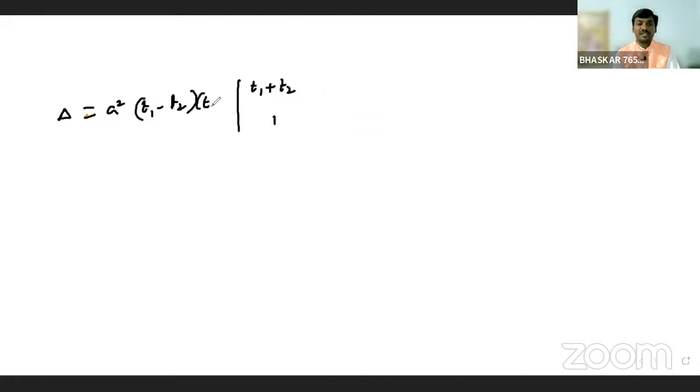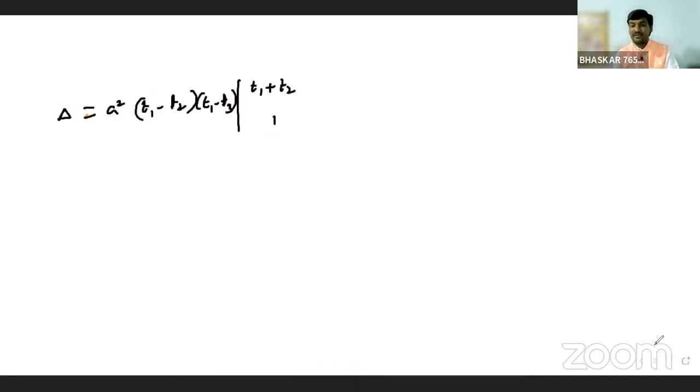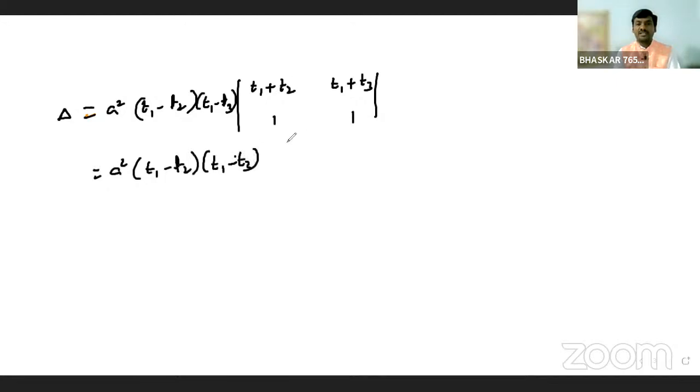What is remaining here? t1 plus t3 and 1, t1 plus t3 and 1. So now this is equal to a square into t1 minus t2 and t1 minus t3, t1 minus t3.